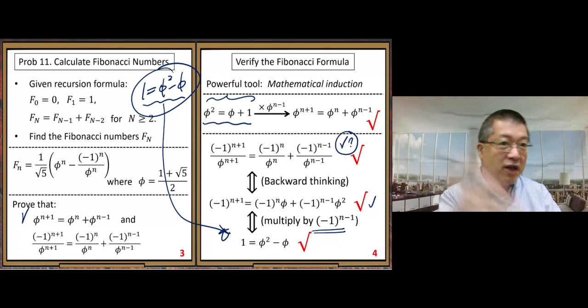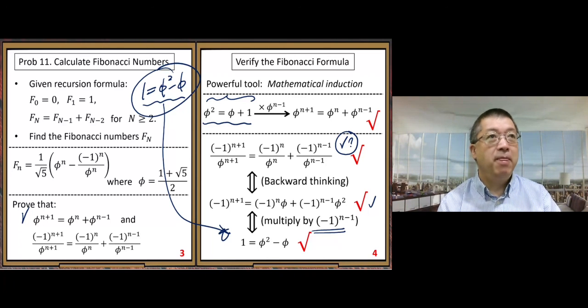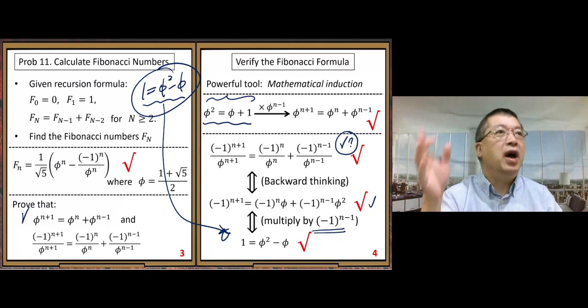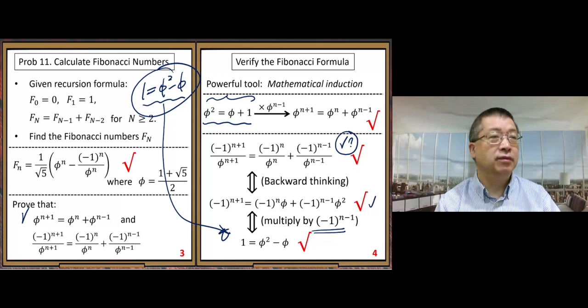Our second guess is also correct. Then all of our guesses are correct. So finally, we proved the formula through mathematical induction. And we are done.